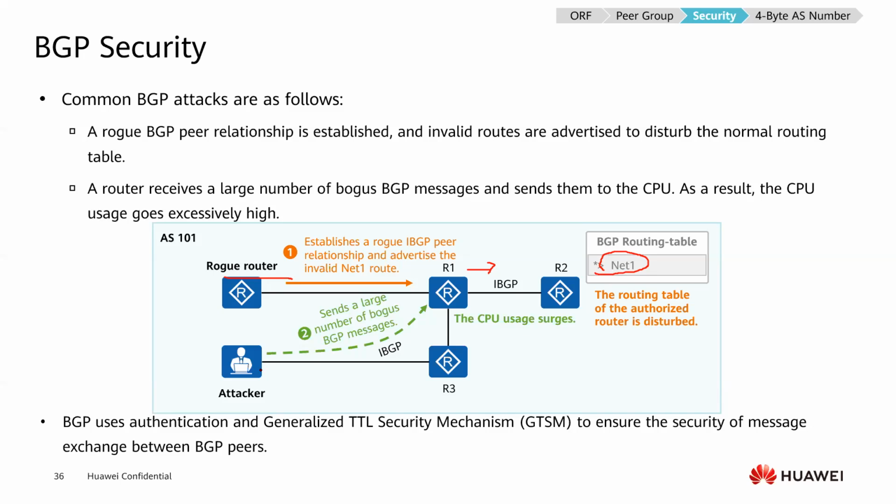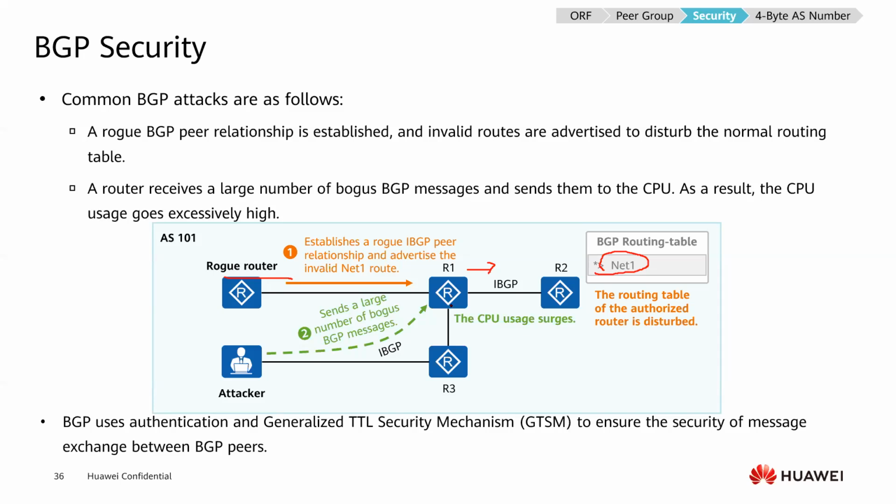And the second scenario is for the attacker. The attacker may send a large number of bogus BGP messages to our security routers. So for the specific router, the CPU usage may be very heavy.